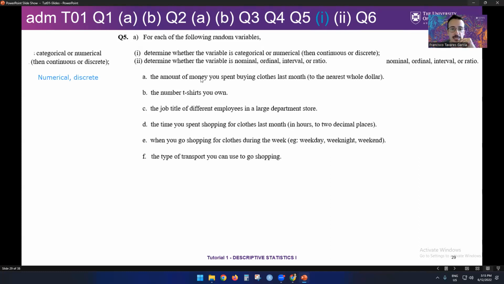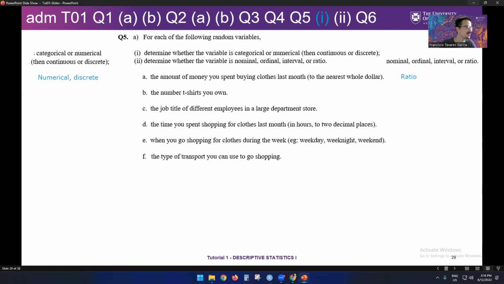So the amount of money you spent buying clothes last month to the nearest whole dollar. It's an amount of money, right? It's probably a numerical thing. Very good answer. It's also discrete. This is interesting because money you can break down into cents, but cents are still not continuous.